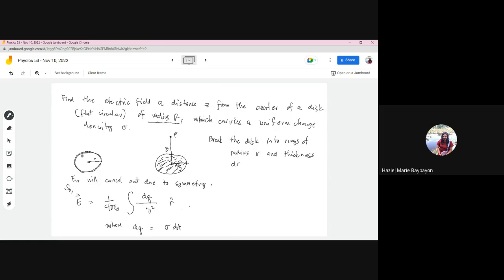The area of these rings is equal to 2 pi r multiplied by the thickness dr. So dA equals 2 pi r times dr. If we integrate this, you will get pi r squared, which is the area of the circle.